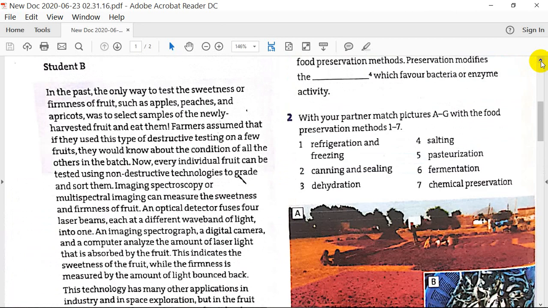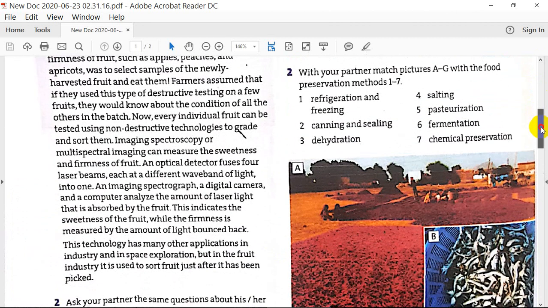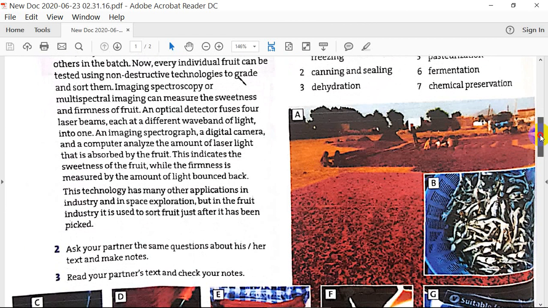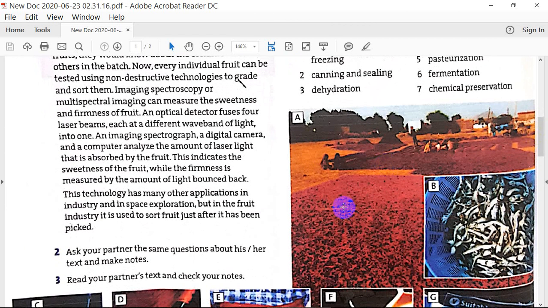Dehydration: to abstract water from something or put it under the sun for a long time, to get rid of water and keep something dry, like picture number A. People spread a lot of things on bare land under the sun. So dehydration, what? A.